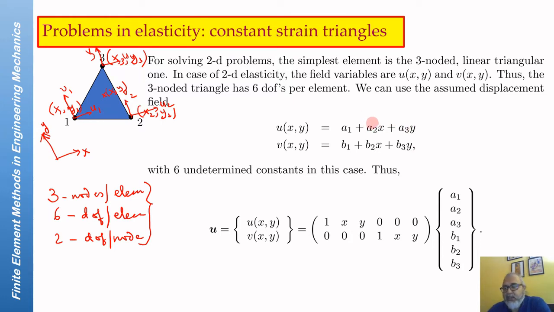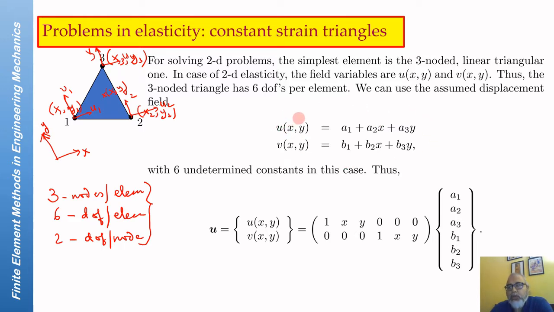So we have taken a linear variation in x and y. That is what we can take if we have 6 constants. We will see later that we could have taken different functions for u and v, but that's not a very smart idea in these kinds of problems. We could have also skipped the y term and taken, let's say, y square or taken xy in these expressions.